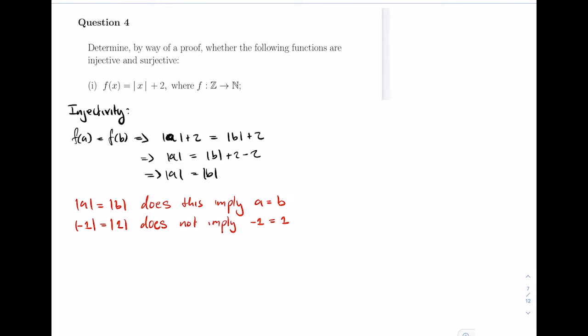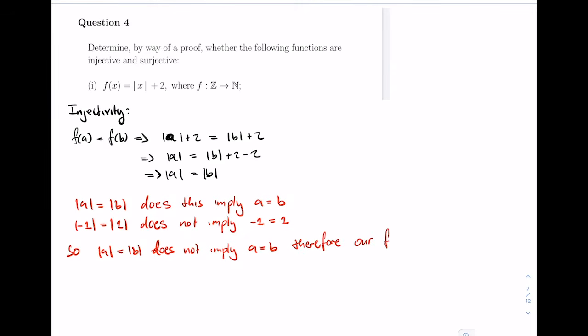Even though we can't plug in numbers to do a proof, we can plug in numbers to do a disproof. So here we're disproving injectivity. Okay? So our conclusion, modulus of A equals modulus of B does not imply A equals B.